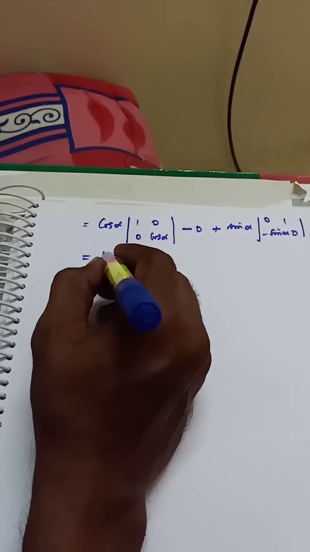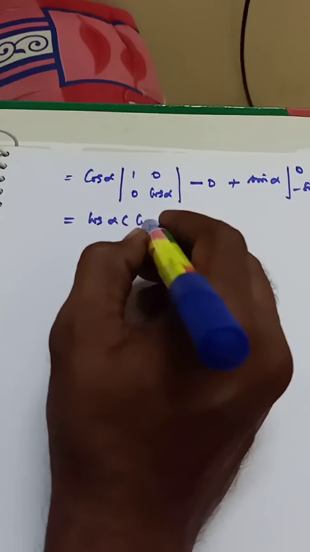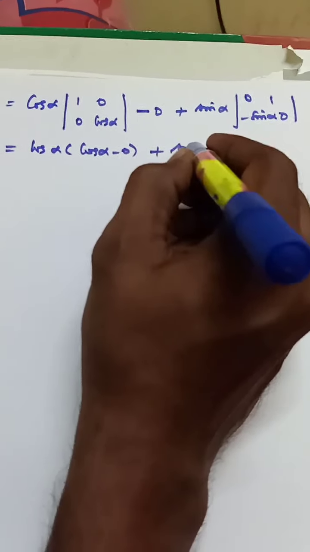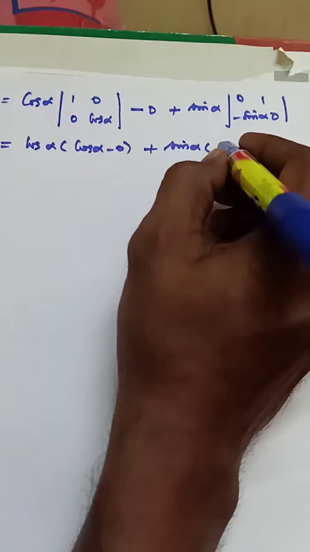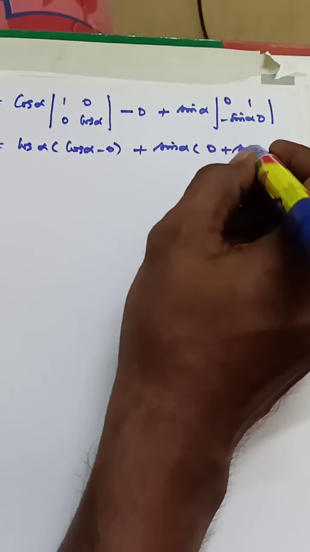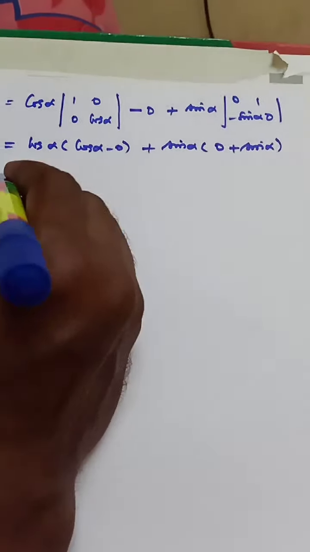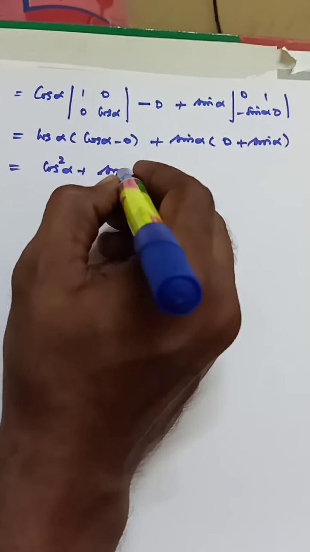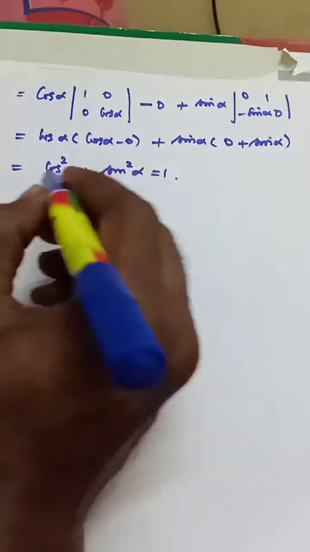The expansion: cos alpha into cos alpha minus 0, plus sin alpha into 0 plus sin alpha, that becomes cos square alpha plus sin square alpha, it becomes 1.